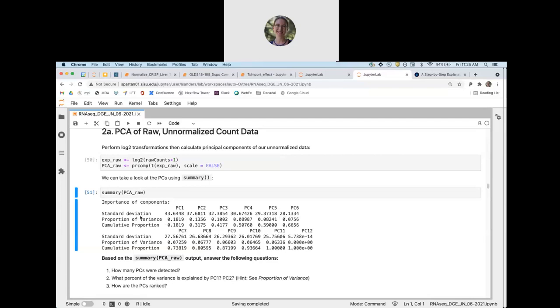So as variance decreases, standard deviation also decreases. We're just particularly interested in the variation here because this is a proportion of variance. So it's set up in terms that are easy for us to understand. What percentage of variation in our data set is explained here? But no, that's a good point.